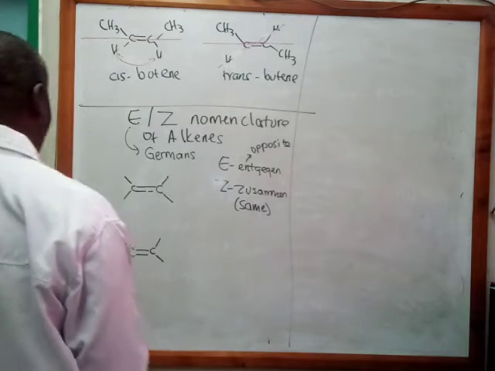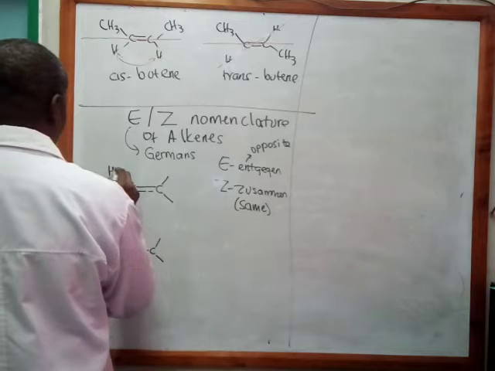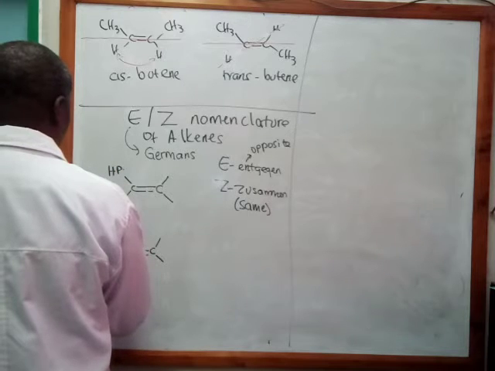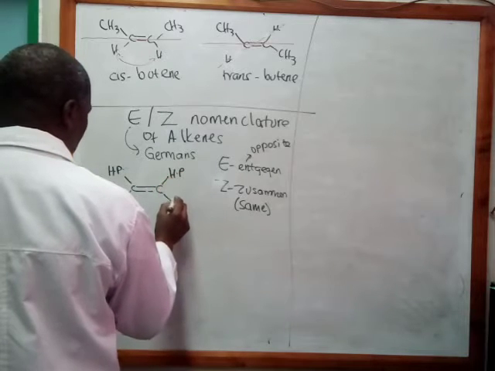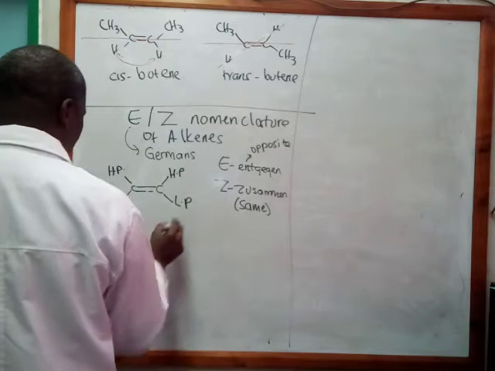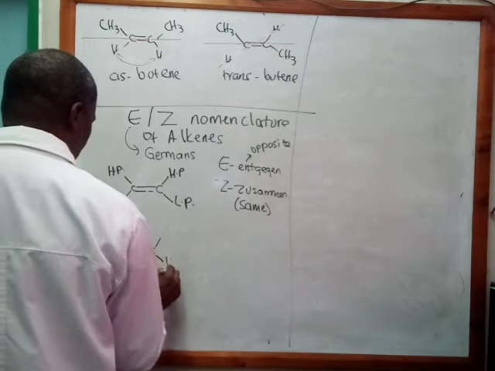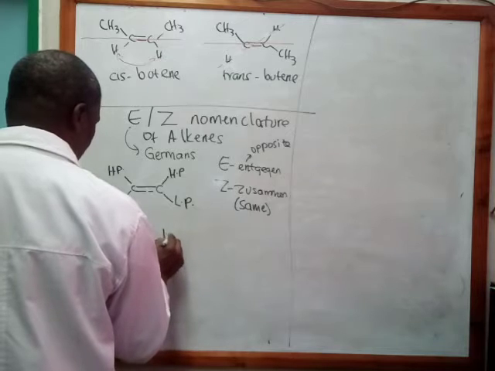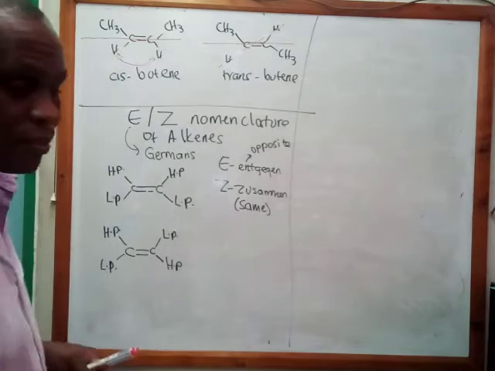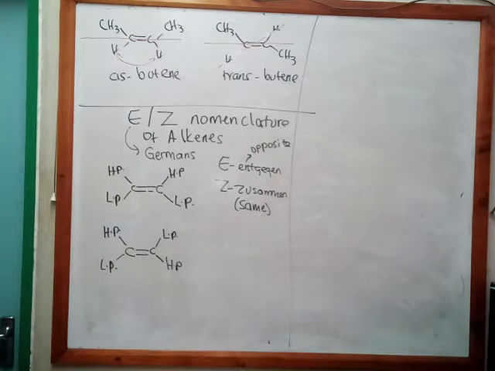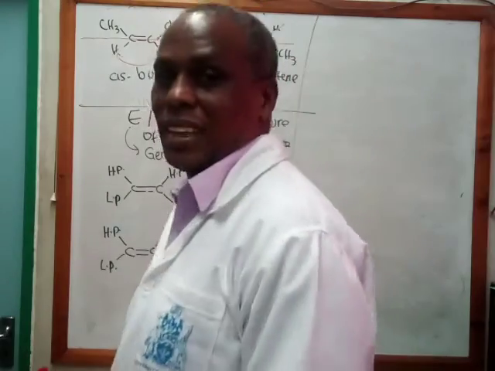Maybe I call it, I'm using the word HP, I'm using LP, and probably call it HP, and this one I call it LP. And then in this case, I'm going to call it HP. This one I call it HP. This one I call it LP, and then LP. Okay? Can you see? So this is the simplification in which the Germans brought.